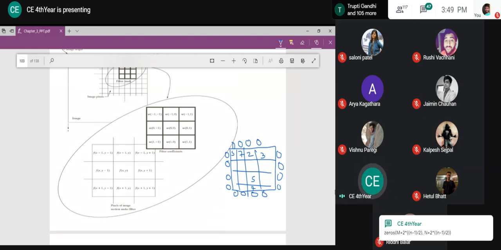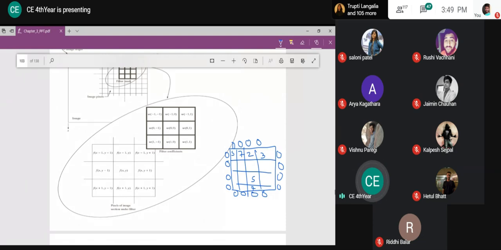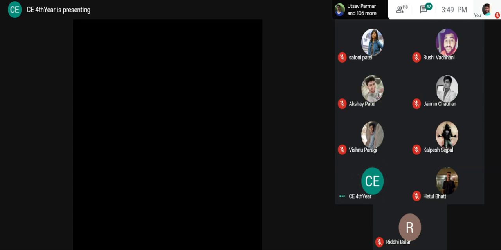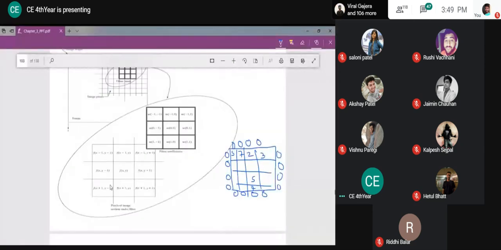This seems correct. Okay, so if we try it, let me try as well. All of us will do it together. I'm assuming that all of you are doing this task. I'm assuming parallelly you are also doing the task.